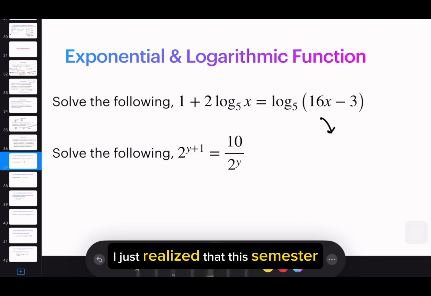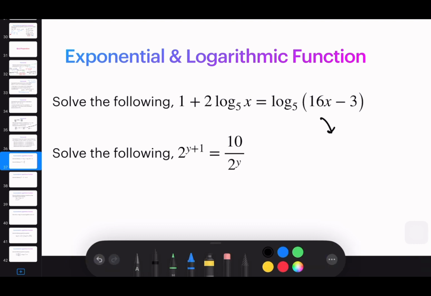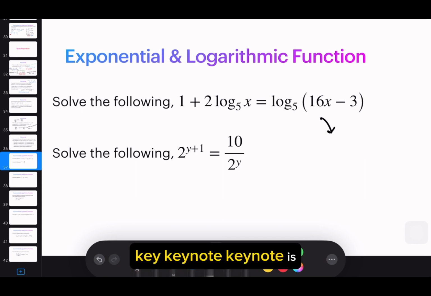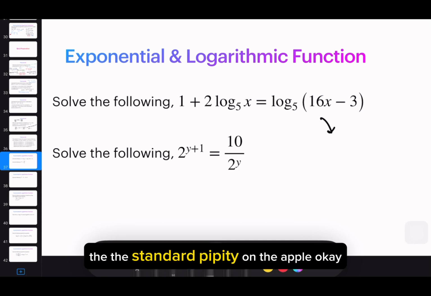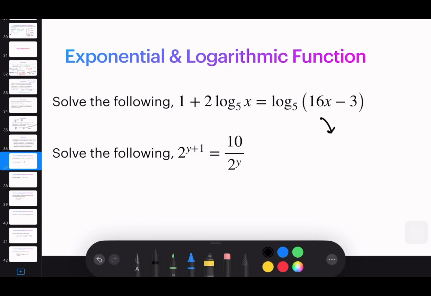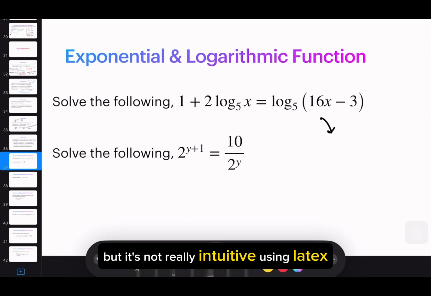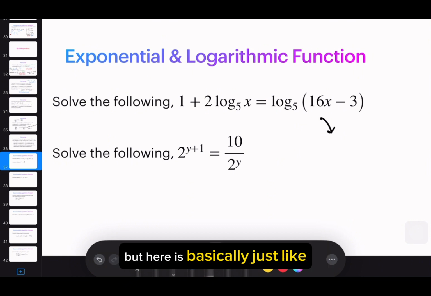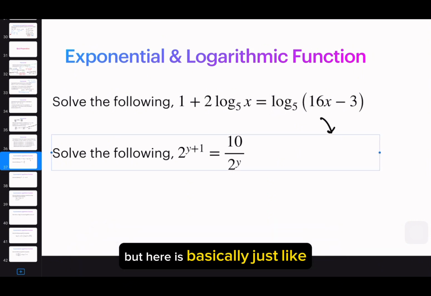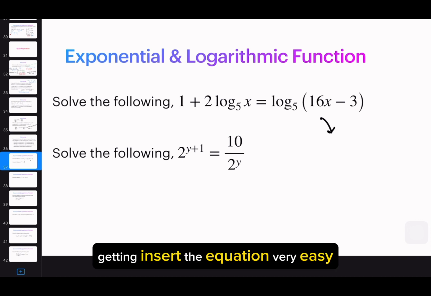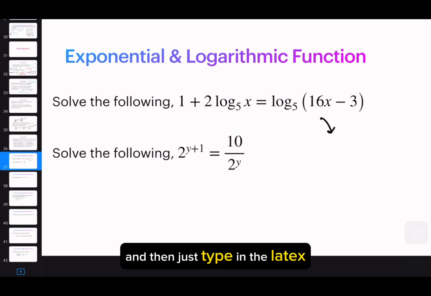Keynote is the standard PPT on the Apple. I think Microsoft has it, but it's not really intuitive using LaTeX. But here, it's basically just insert the equation very easy and then just type in the LaTeX.